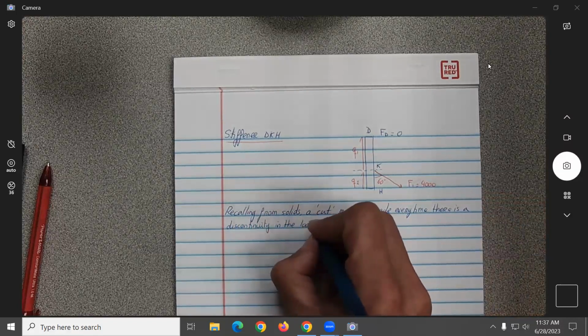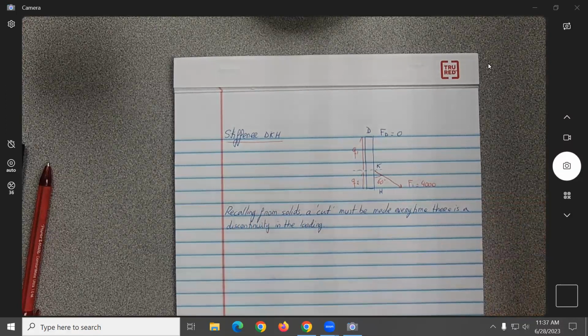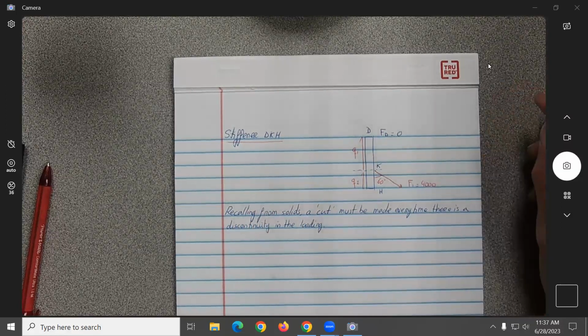So really this is not only solid mechanics, but also statics, no? Remember when you had to find the shear and bending moment diagrams? You need to do a cut every time there is a discontinuity.